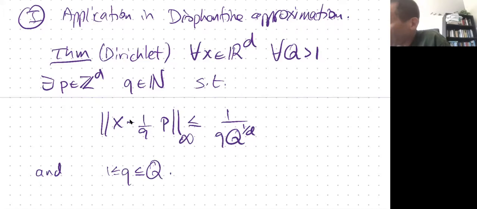Here p is an integer vector, so 1 over q times p is a rational vector, and q is the common denominator of the entries of this rational vector.